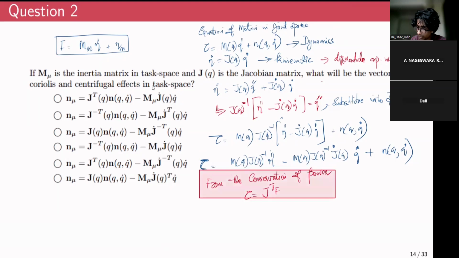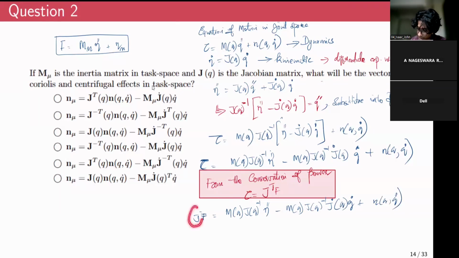So if I substitute J transpose F in place of tau, you will get J transpose F equals M of q, J of q inverse, eta double dot, minus M of q, J of q inverse, J dot of q, q dot, plus N of q, q dot.